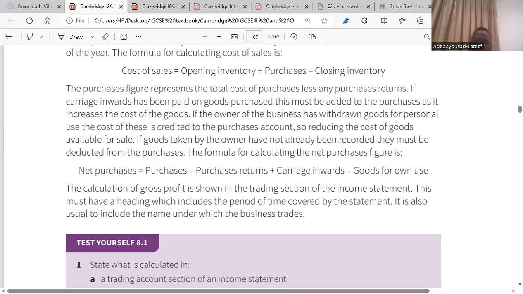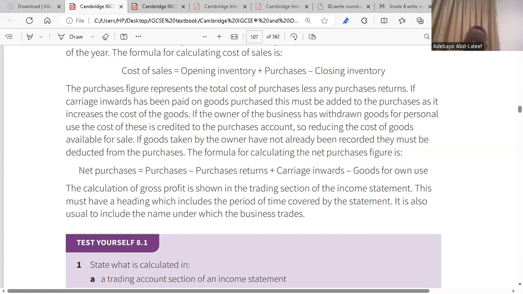Okay. So you have to put in mind that sometimes our trading account might have more than 3 items, not just opening inventory, closing inventory, and purchases. It might have more than that. Some of the items that can be included in our trading account is the carriage inward.